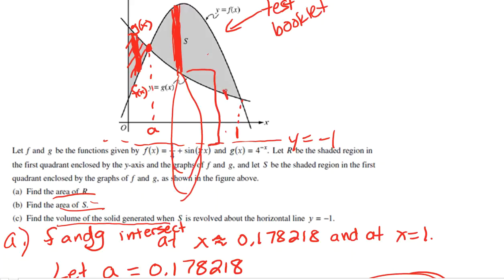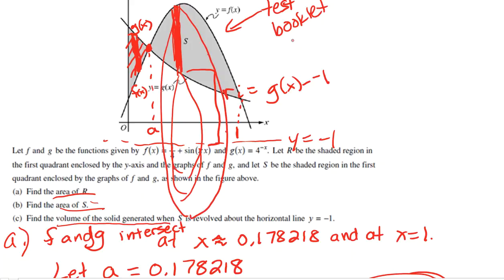So our inner radius is going to go from function g of x down to -1, and our outer radius, again, you don't have to draw this, I'm kind of messing up my diagram here. Our outer radius would go from function f of x all the way down to our axis of revolution.